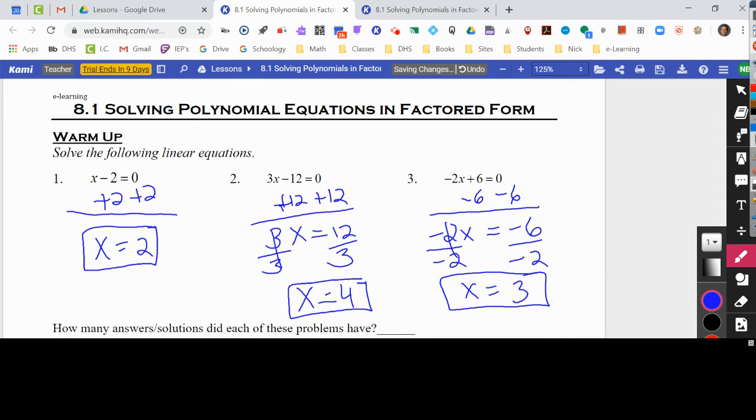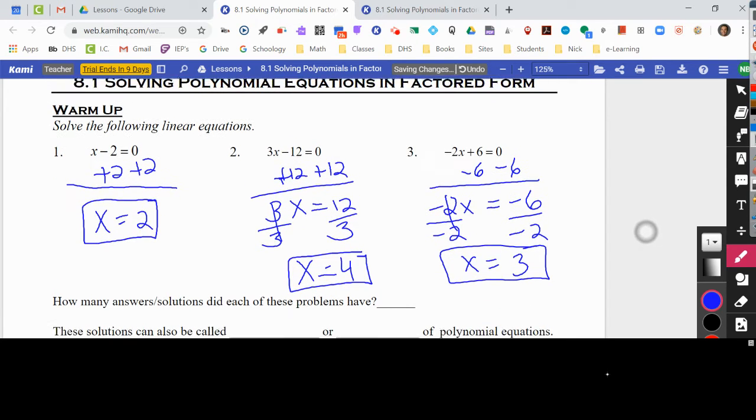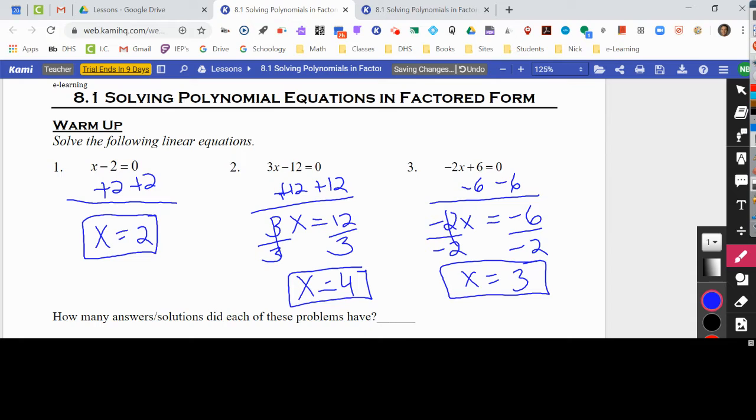So again, hopefully that's just a quick little review warm-up. The next question says, how many answers or solutions did we get for each of these problems? Well, it looks like each one of these problems only had one solution.